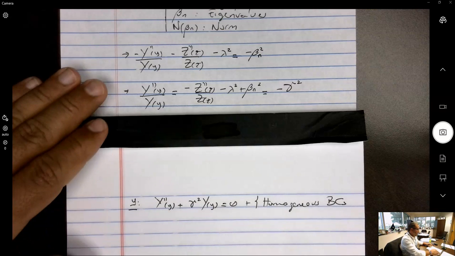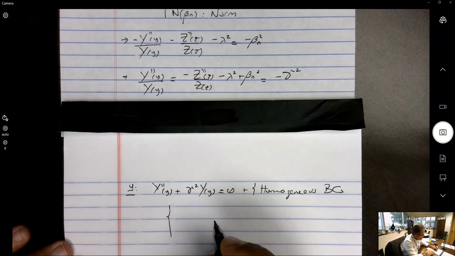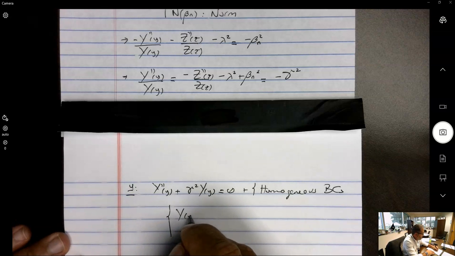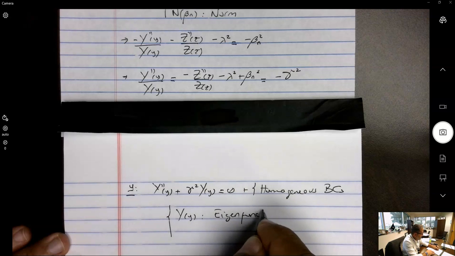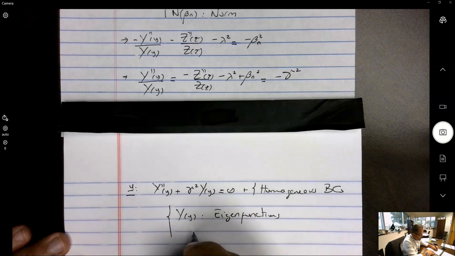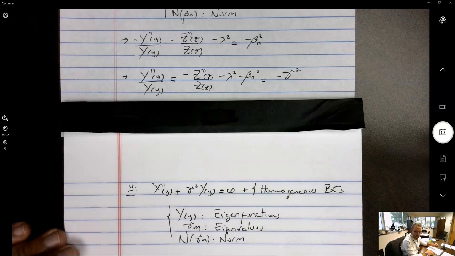Again, first kind, second kind, or third kind combination will determine which one of the 9 possible cases in the table you end up with, which will determine your eigenfunctions. You're going to have some eigenvalues, gamma m. I'm going to use another index for that. Eigenvalues, and the norm of gamma m, depending on what combination you have.